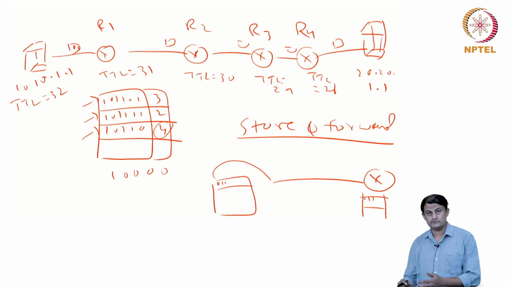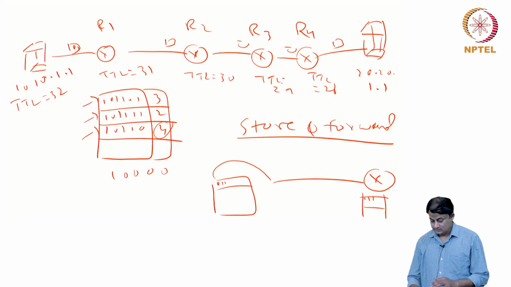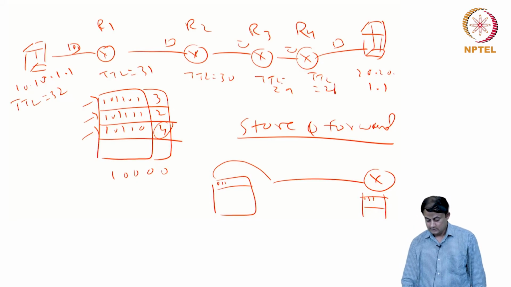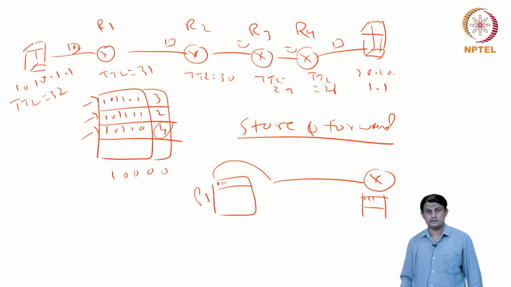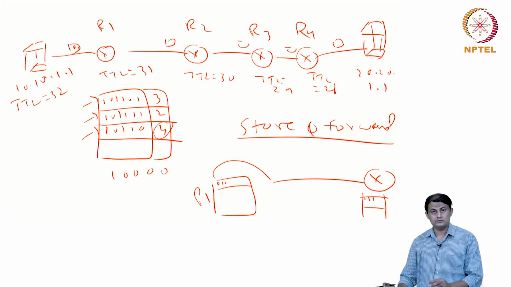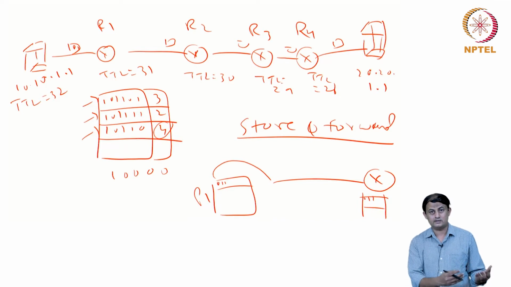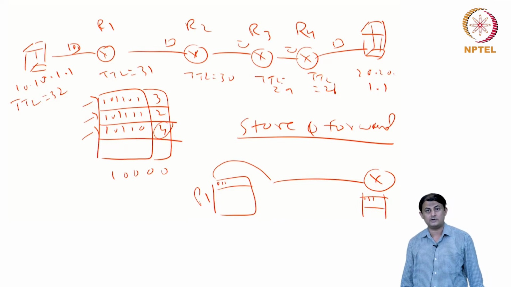Sequentially, bits are arriving on the link, and they are getting stored inside the buffer, which here is called a queue. Inside a queue, the bits corresponding to that packet are coming and sitting, and until the entire set of bits corresponding to this particular packet arrives here, you cannot actually do the processing. In the worst case, at least the header portion, all the bits corresponding to that should come.